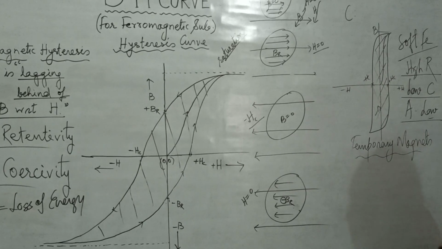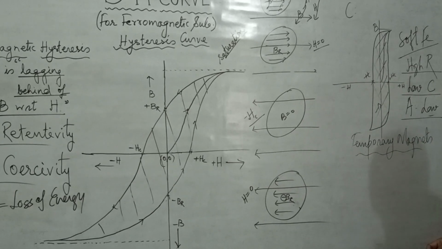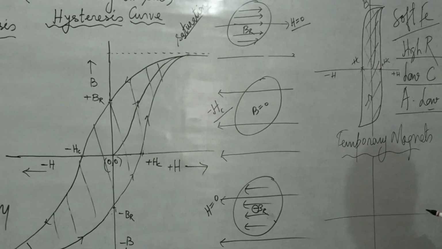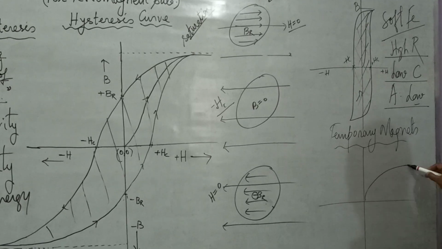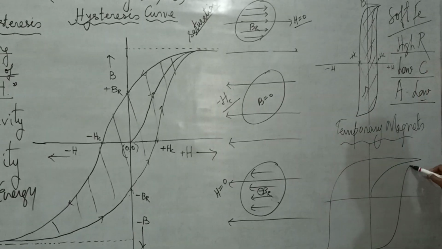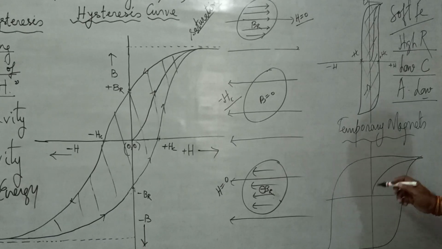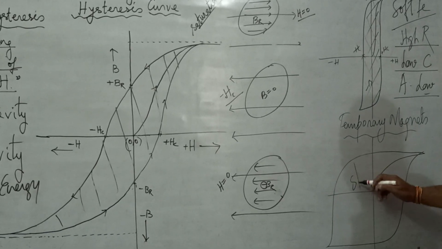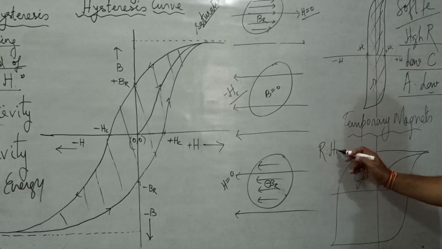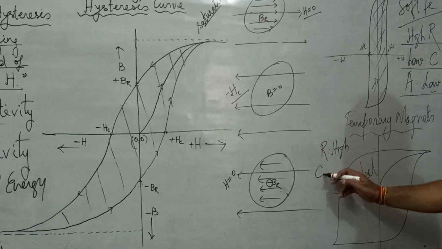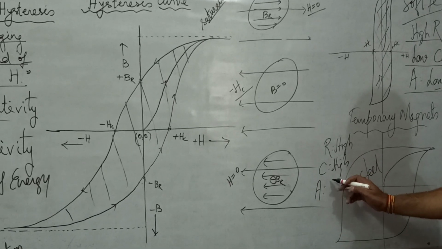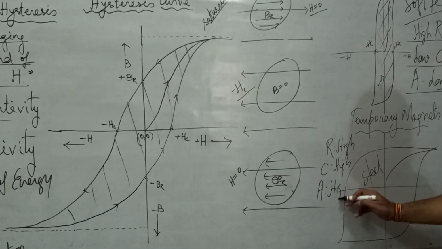Temporary magnets can be easily demagnetized. On the other hand, if you make the BH curve for steel, then the BH curve for steel is a very thick curve like this. This curve shows that steel has high retentivity, steel has high coercivity, and there is a high value of area enclosed within the curve.